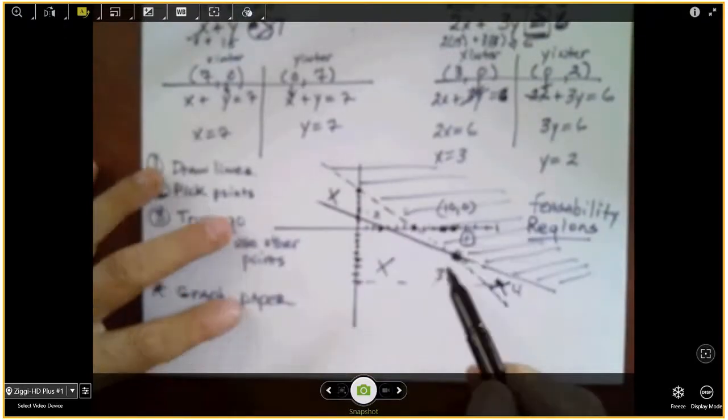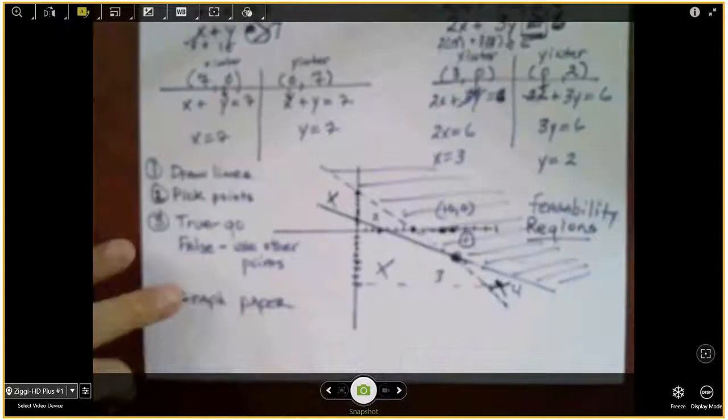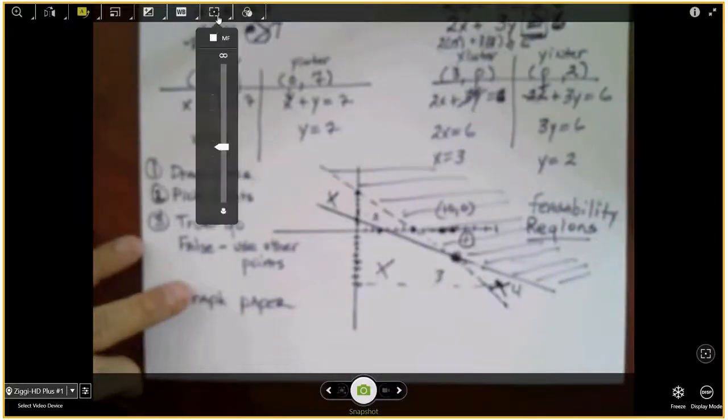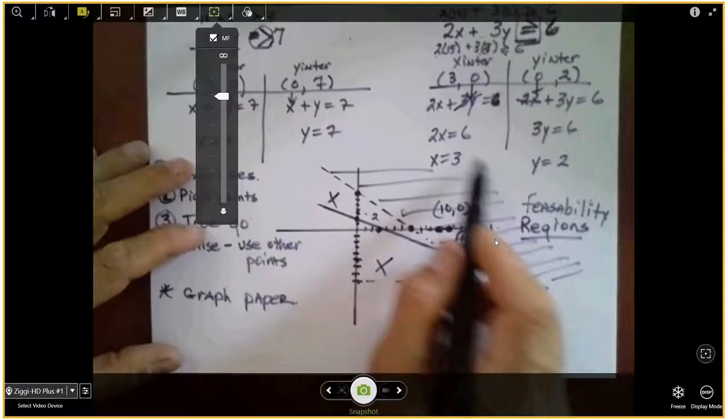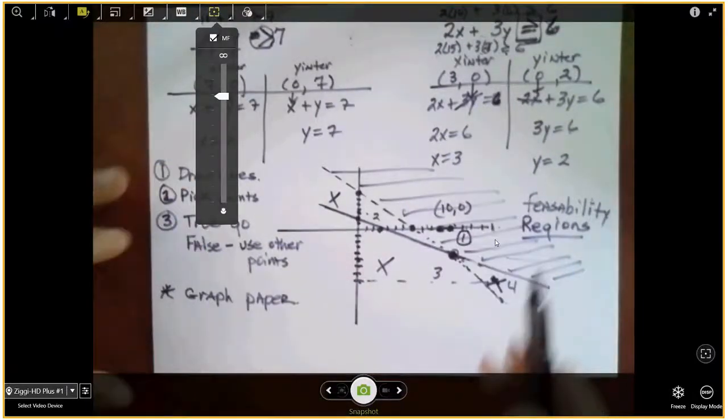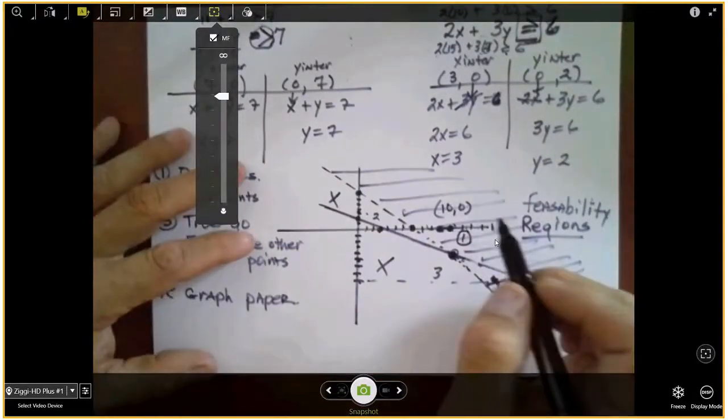But how do you write that? How do you write this whole area right here? You can't say, okay, the answer is this whole area right here. Well, you can't do that. What you do is you look at the x.